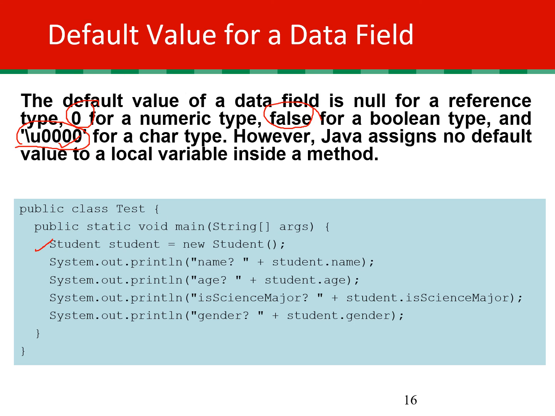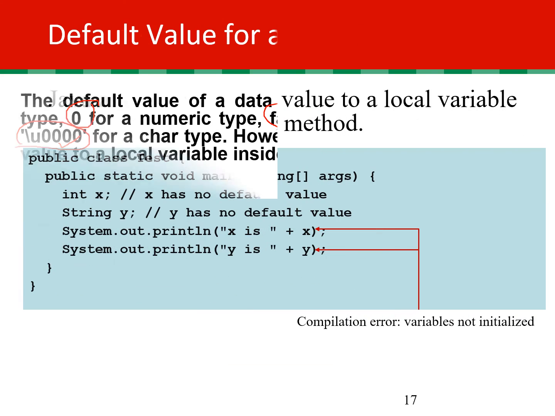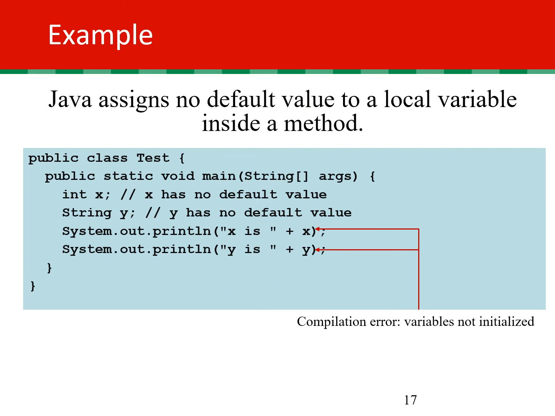Then you do not give any value, yet you try to print the value out. So you say student.name, student.age, and you try to retrieve all the values, but you haven't assigned any. So be careful with that.